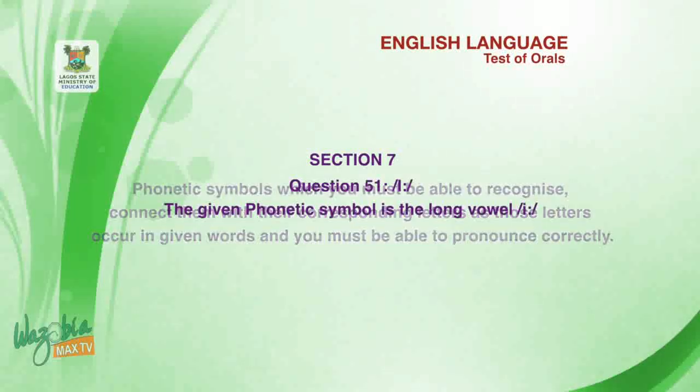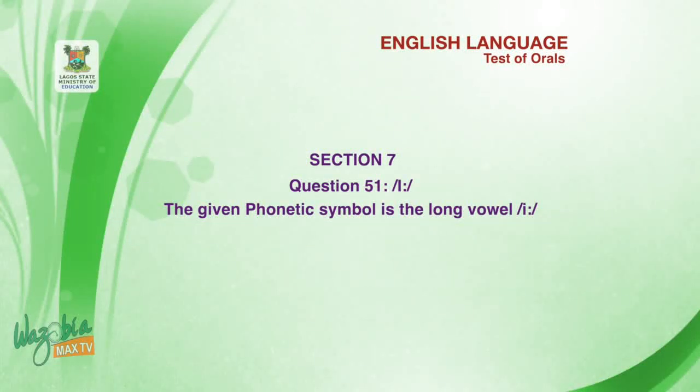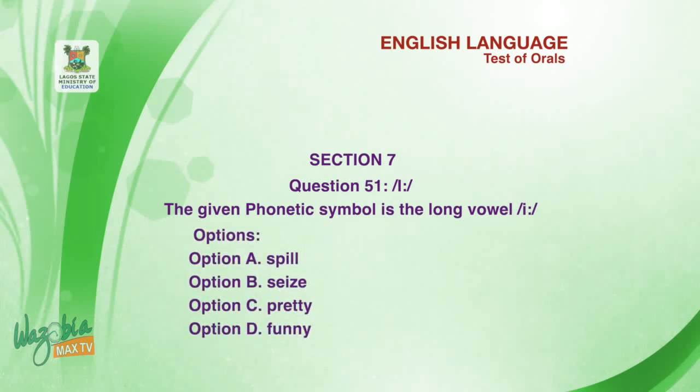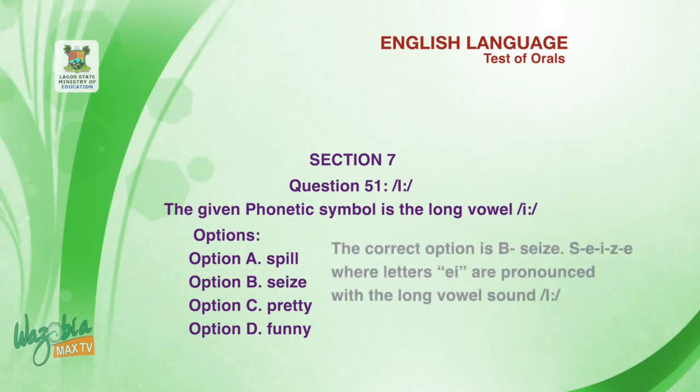The given phonetic symbol is the long vowel E. Option A, spill. Option B, seize. Option C, pretty. Option D, funny. The correct option is B, seize. S-E-I-Z-E, where letters E-I are pronounced with the long vowel sound E.